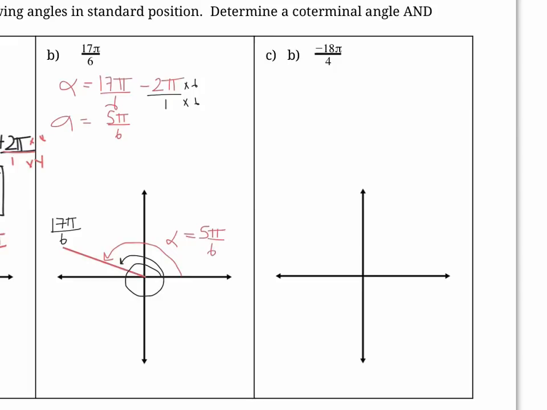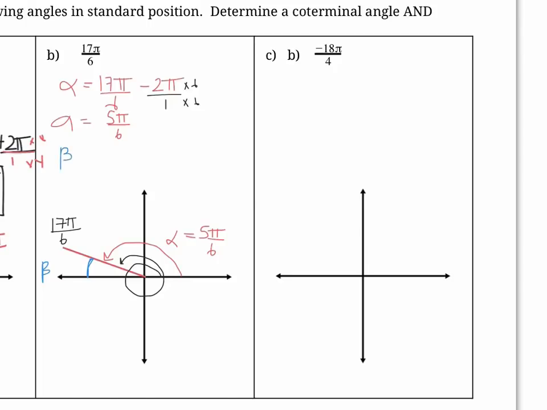How about our beta? Here's our beta, our related acute angle. So that's the angle between the terminal arm and the x-axis that makes an acute angle. So if this guy is 5 pi over 6 and halfway around the circle is pi, we can just take pi, take away 5 pi over 6, and whatever's left over must be our beta angle, our related acute angle.